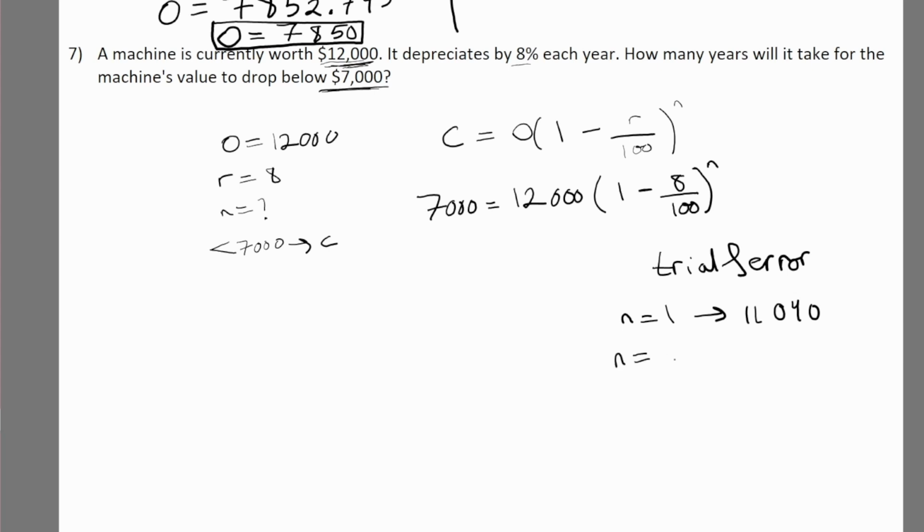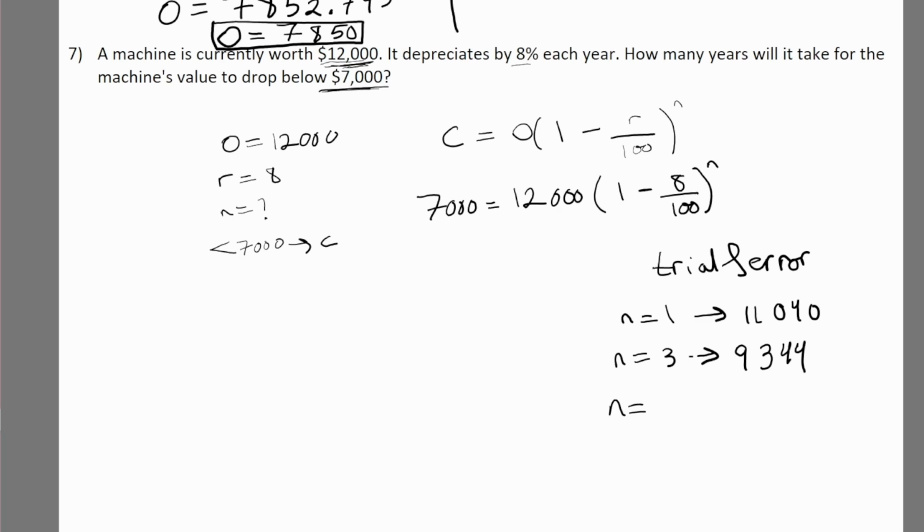I'm going to try N is equal to 3, taking a double step. When N is equal to 3, the value is 9,344. So I'm going to try N is equal to 4. N is equal to 4 will give you 8,000.